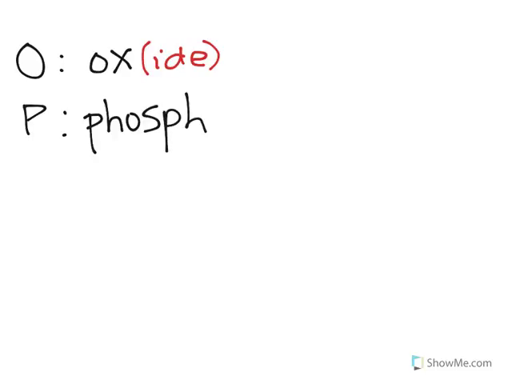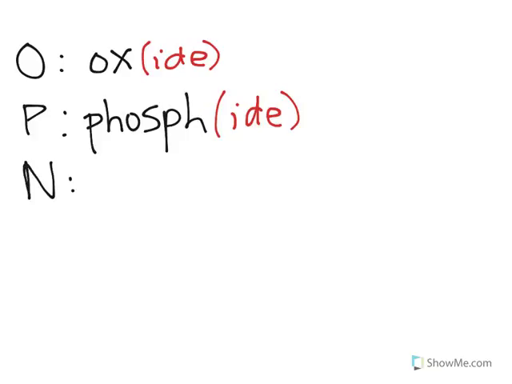So when we put that on to the end of a name, it would be oxide. The root for phosphorus is phosph. So again, when we add the IDE, we would get phosphide. Everything I'm writing in black needs to go in your notes because you need to remember these.